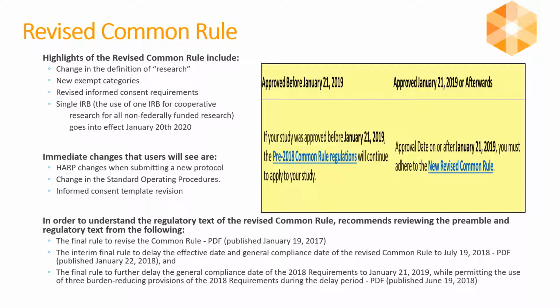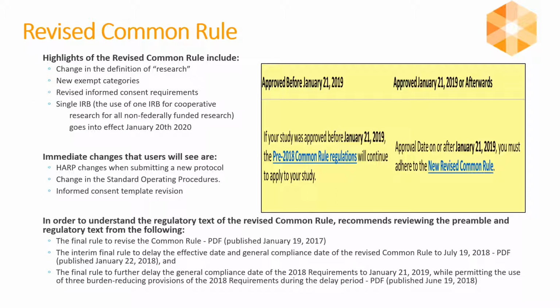So one of the major highlights I had mentioned is related to the change in definition. So the first one is related to research. The revised common rule adds a provision that identifies 4 types of activities as not being researched as defined in the rule.